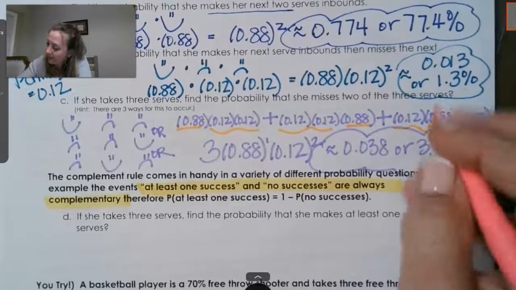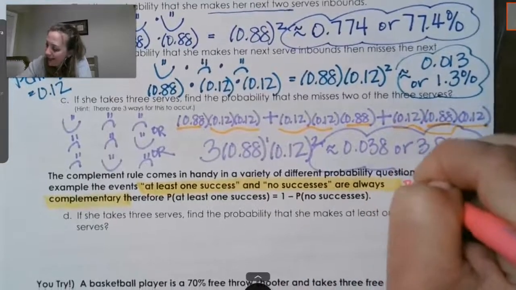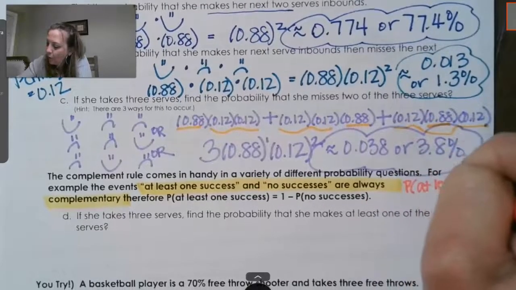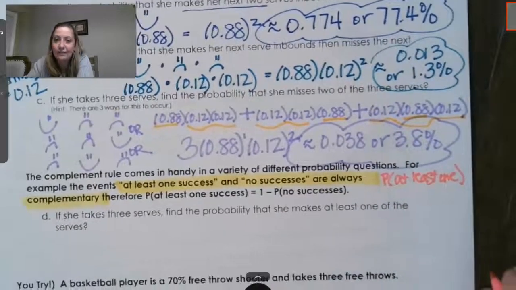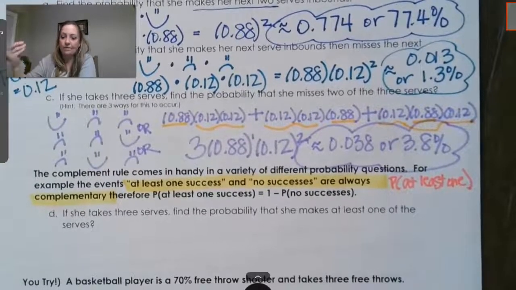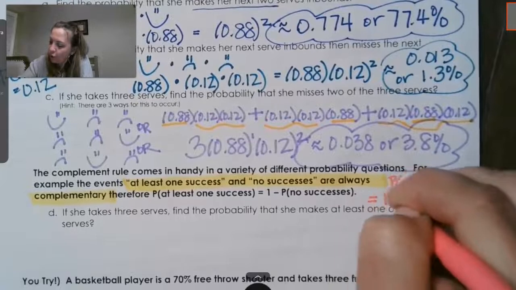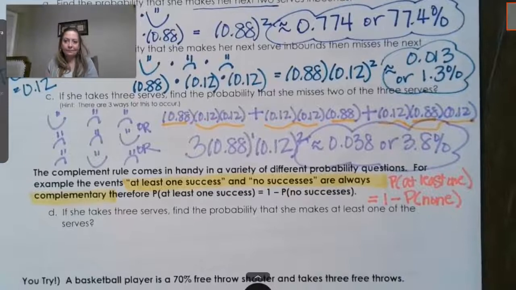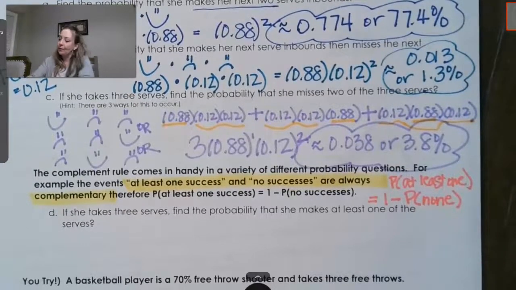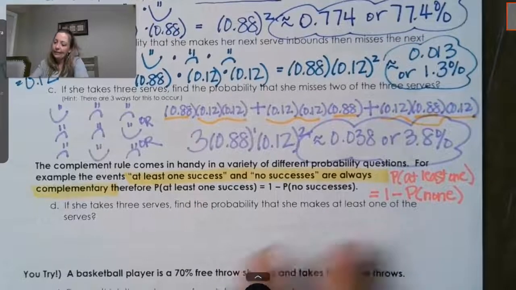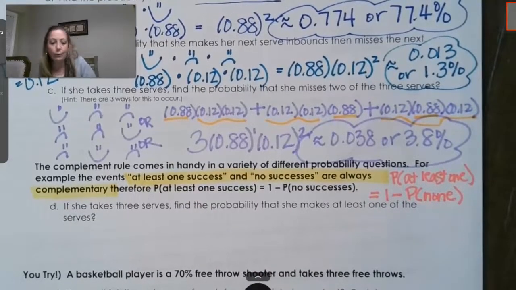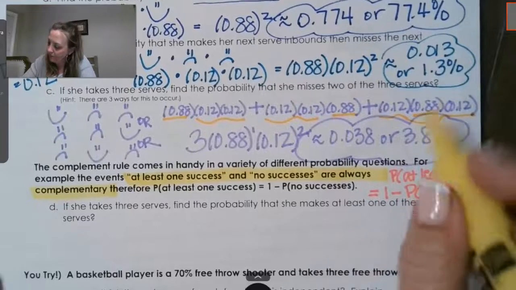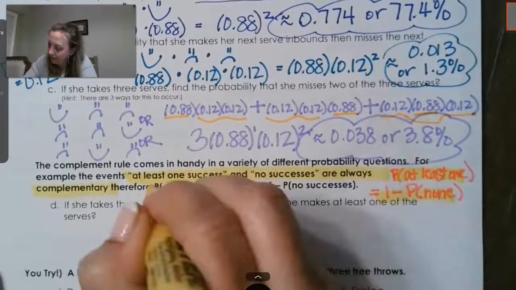The probability of at least one, whether it be at least one success, failure, or whatever, is equivalent to 1 minus the probability of none. If we're talking about successes, the probability of at least one success would be 1 minus the probability of no successes. So let's use this idea.